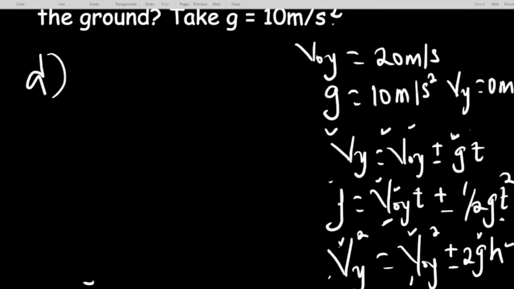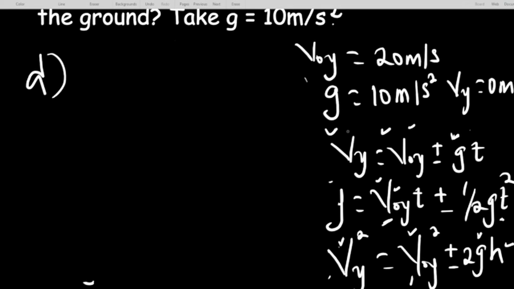Okay, so we're asked to find the final velocity, and we need to understand that velocity is a vector. When it's going upwards, it's positive, but when it's returning to the ground, it's negative. Don't forget that. So, which equation are we going to use right now to find our final velocity?